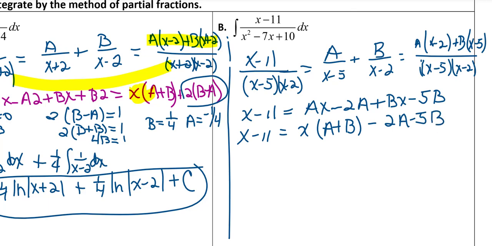So now in this case, I do have an x term, and its coefficient is 1. So that means that this is the same coefficient, so A plus B has to equal 1. So that means that I can solve for A, which is B minus 1.